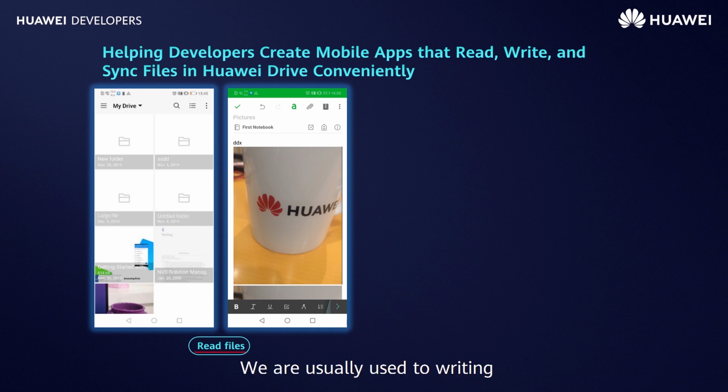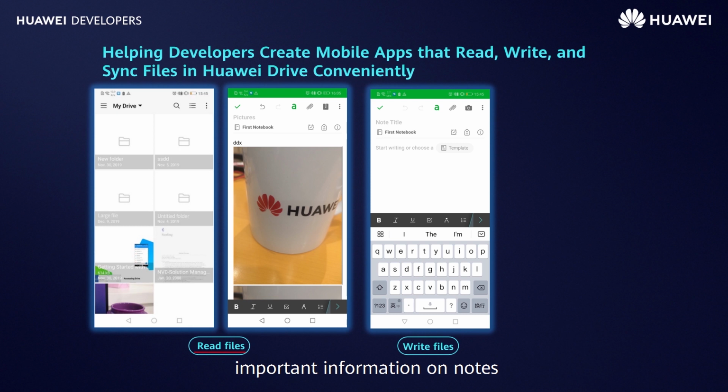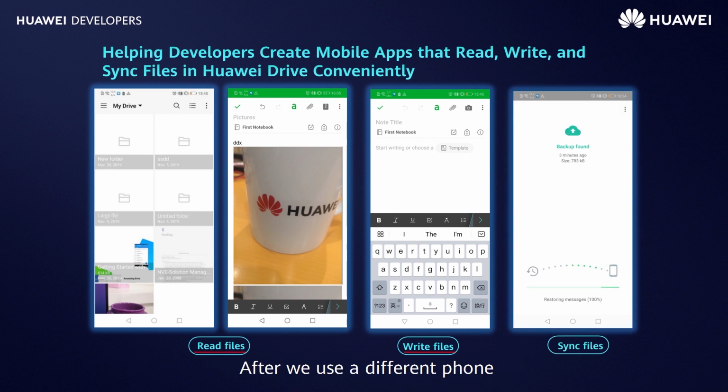We are usually used to writing important information on nodes. After backing up nodes via Huawei Cloud Space, we can see the latest nodes on all devices. We can save the private data of applications on Huawei Cloud Space. After we use a different phone to log in to our Huawei account, we can directly recover the application data.